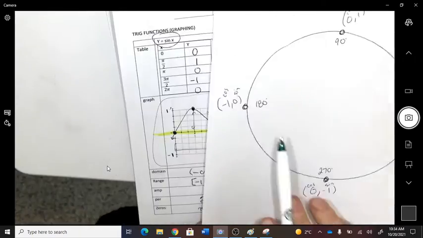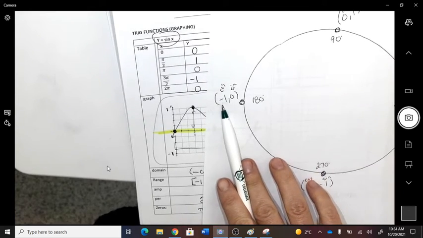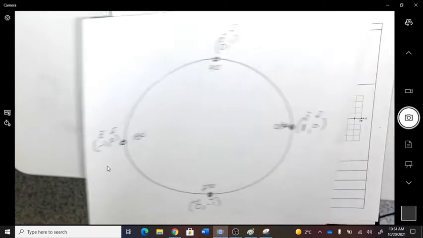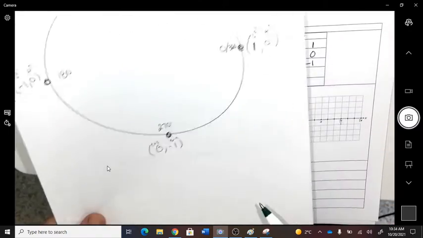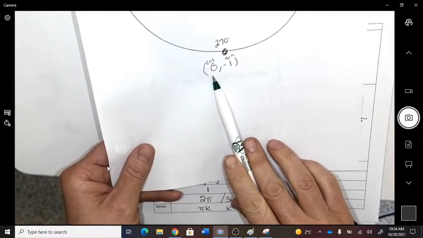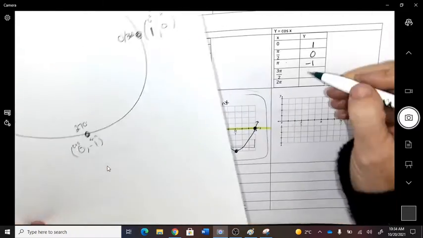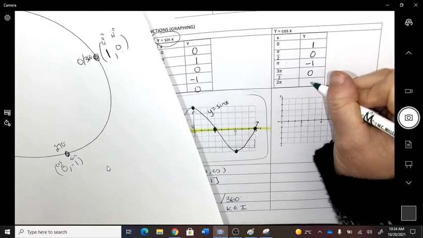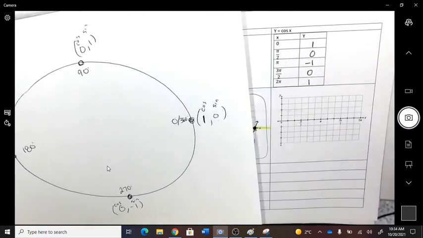At pi, or 180, the cosine is negative 1. At 270, the cosine is 0. And then the cosine is back to 1.